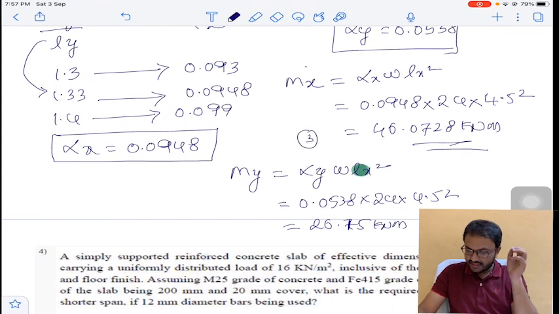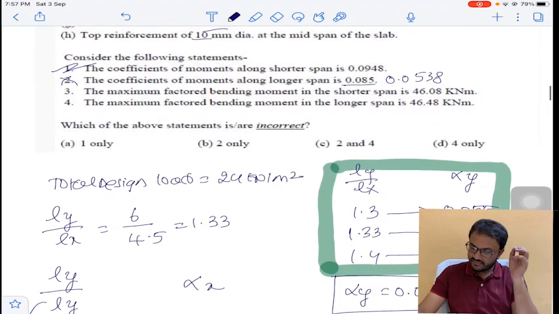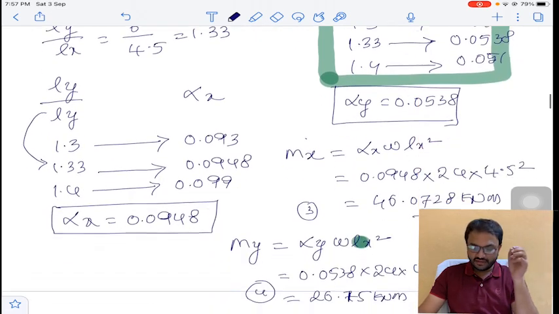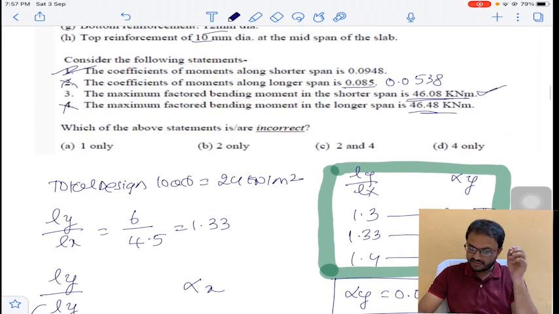So statement 3 is this one, statement 4 is this one. You can check here. 46.08, so this is correct statement. He has given moment along x direction is correct. And moment along y direction he has given 46.48. But we got 26.15. So statement 4 is wrong.